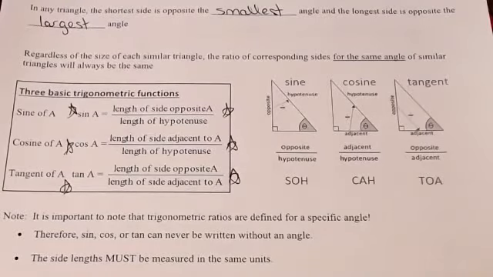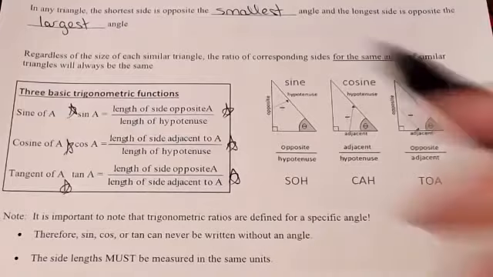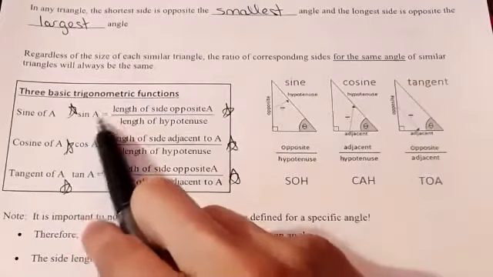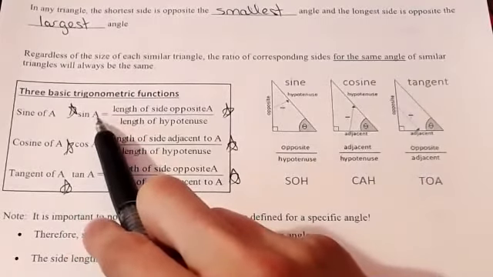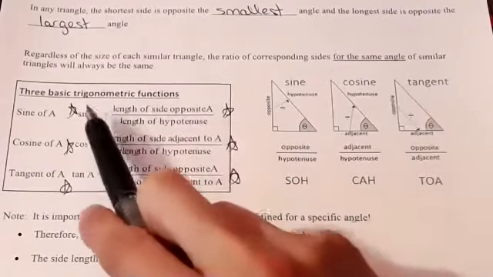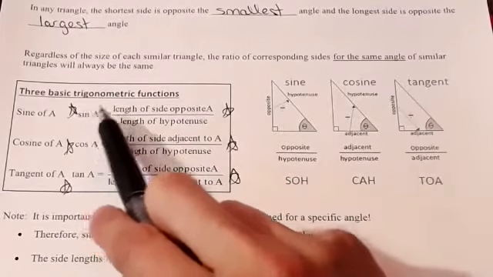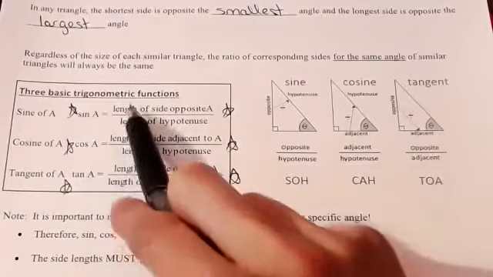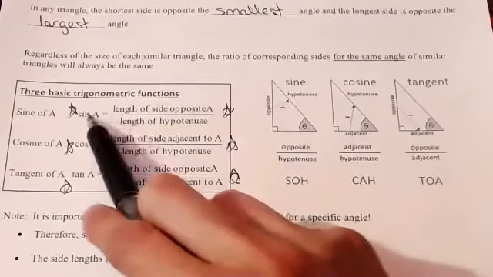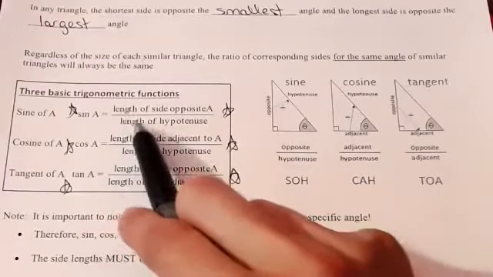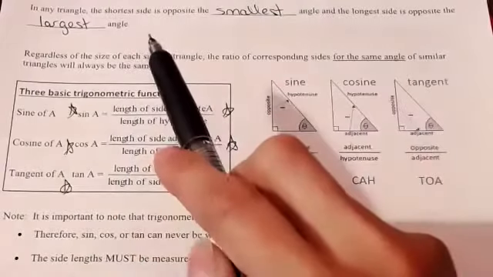Keep in mind that trigonometric ratios are defined for a specific angle, right? So essentially you're saying sine of an angle A. Sometimes we will have the lengths and other times we'll have the angle. I'm sorry, I said that wrong. Let me try that again.